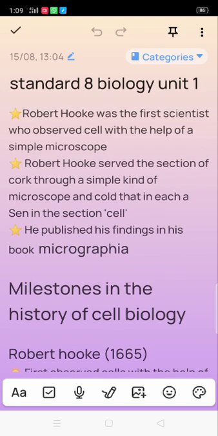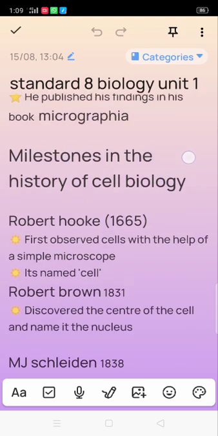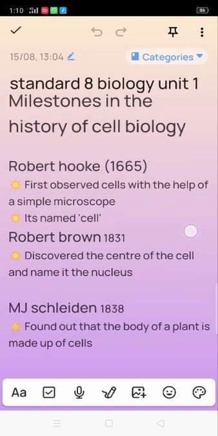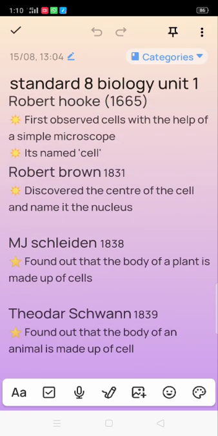Milestones in the history of cell biology. Robert Hooke first observed cells with the help of a simple microscope and named them cells. Robert Brown discovered the center of the cell and named it the nucleus. M.J. Schleiden found out that the body of a plant is made up of cells.